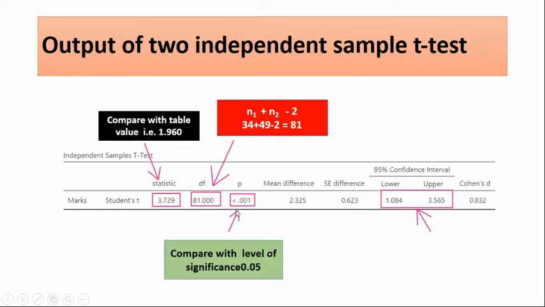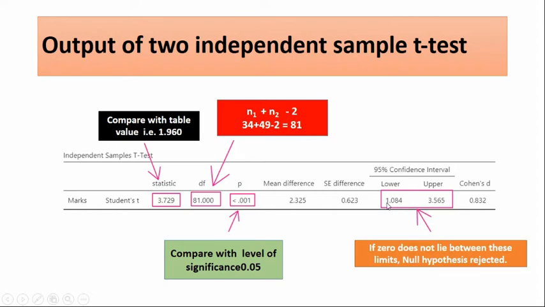Second criteria, second method: compare the p-value with the level of significance. In our case, the level of significance is 0.05. If the p-value is lower than the level of significance, we will reject the null hypothesis. And on the basis of the confidence interval, if 0 does not lie between these limits, the null hypothesis is rejected.